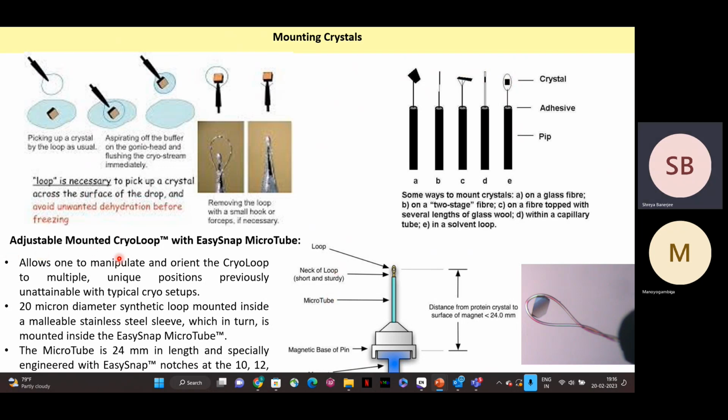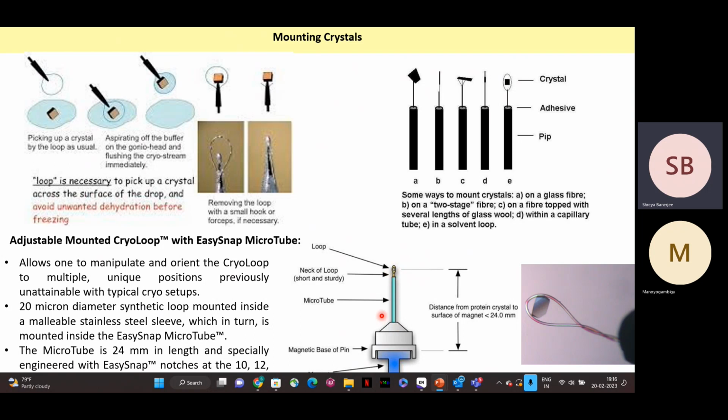So the most modern instrument is called an adjustable mounted cryo loop with easy snap microtube. This allows you to manipulate and orient this loop in multiple unique positions, which was previously unattainable with typical cryo setups. The loop is 20 micron in diameter inside a malleable stainless steel sleeve, and there is an easy snap microtube.